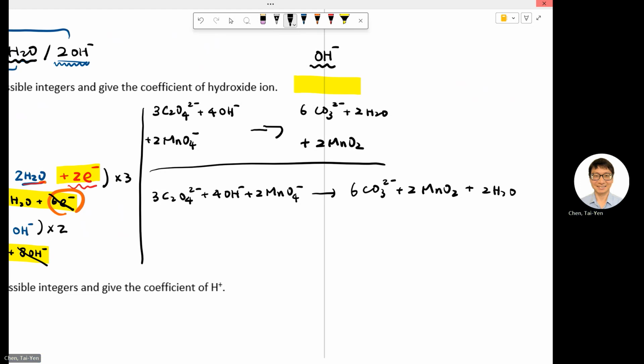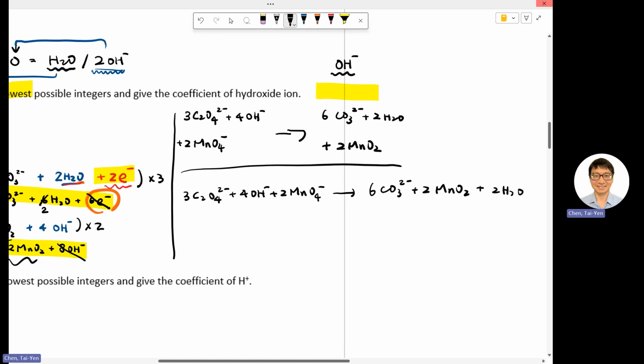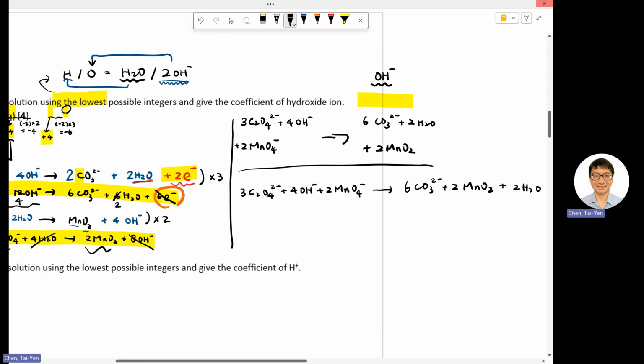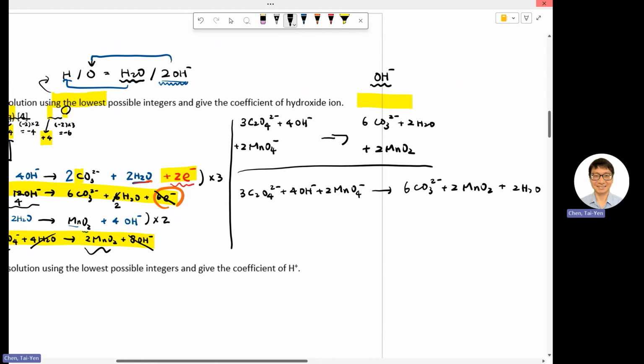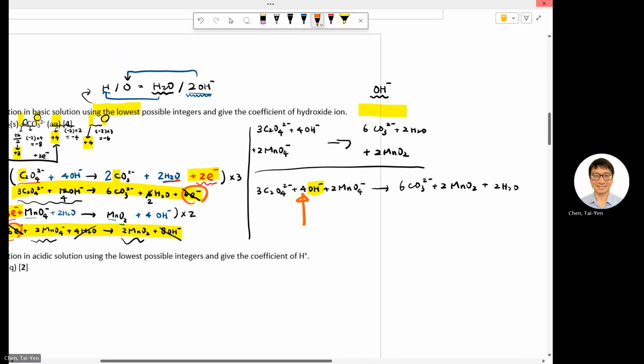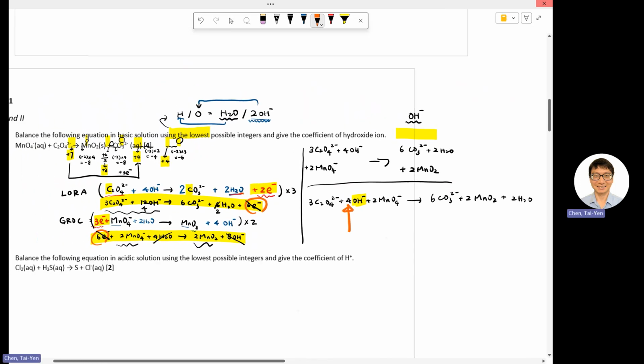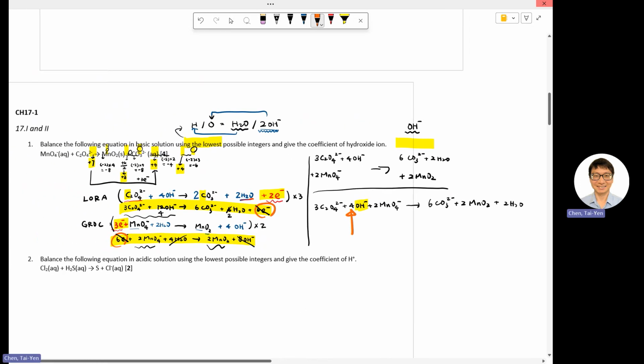Okay, so once you have done all these things, it is asking you what is the coefficient in front of your hydroxide ion. So what you will need to do is first identify your hydroxide ion. And therefore, this will be the coefficient that you should input for this specific question. Okay, so this is how you balance the specific equations.